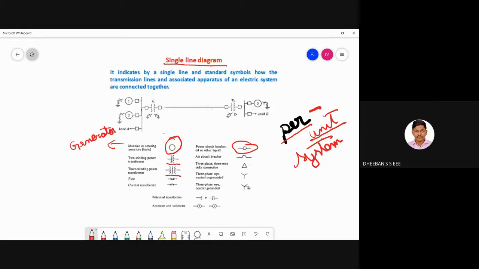The configuration of the transformer is represented in this fashion. If it is represented like this, it means the primary of the transformer is in star configuration and the secondary is also in star configuration. Over here you can see a star, and this represents the delta.